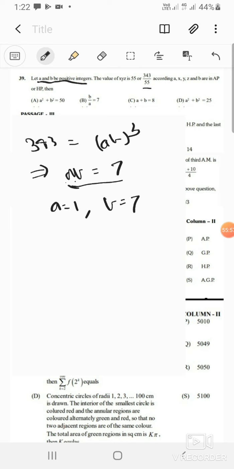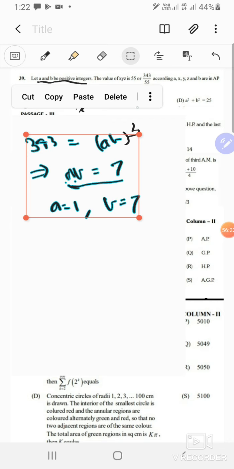But that's not given to us, so it can be any order as long as these are positive. So that means that a and c are the only correct options. That's correct and that's correct. This is not correct all the time, it is only correct if b equals 7 and a equals 1. So that should be nice.